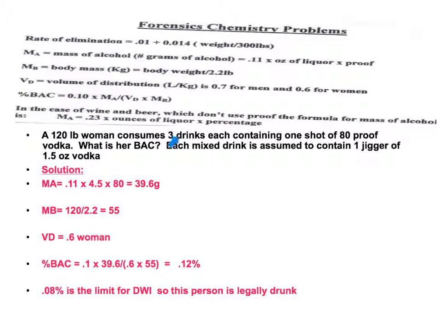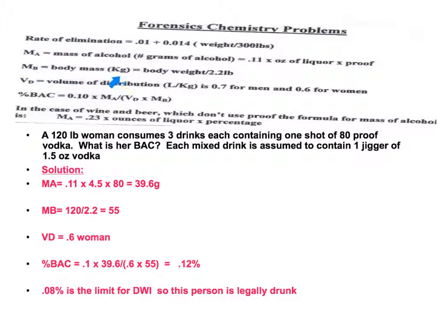We notice that we had 3 drinks. Each drink was 1.5 ounces. So 3 times 1.5, we get 4.5. We'll also notice that we have 80 proof alcohol. So here's our 80 proof. We do our math, and we get 39.6 grams for our mass of alcohol.